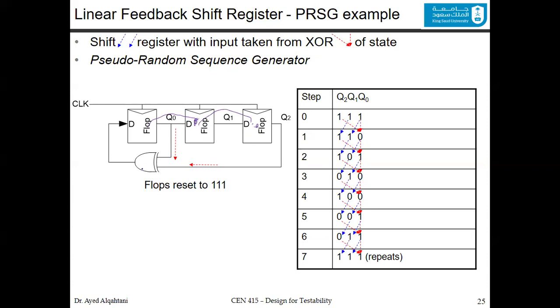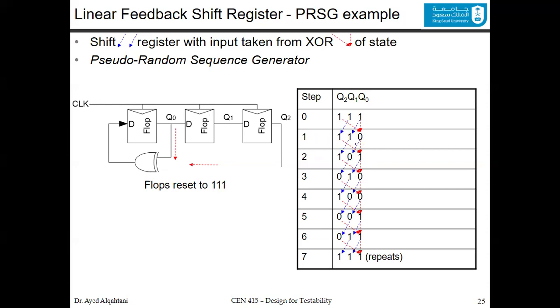The one that depends on the XOR is the new value of Q0. This is why every time we are taking the XOR of Q0 and Q2. So Q0 and Q2 here is 1 XOR 1, which is 0. These will be just shifted because you will shift here and shift here.